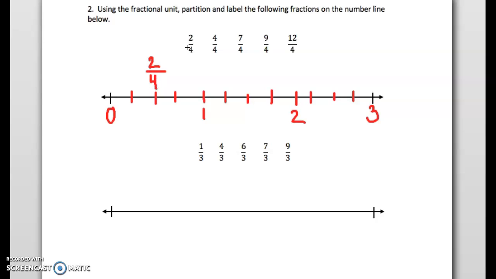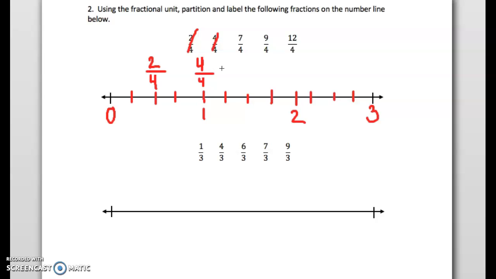So let's keep on counting. 3/4, 4/4. 4/4 is also another one of our fractions. So we can label that at our whole number 1. Cross it out and keep counting.